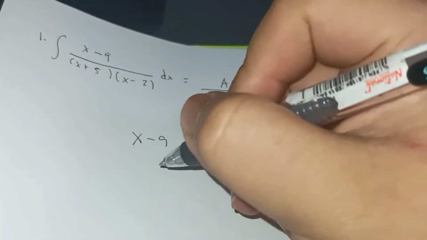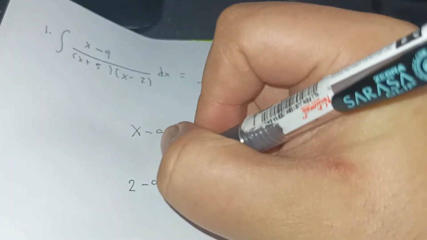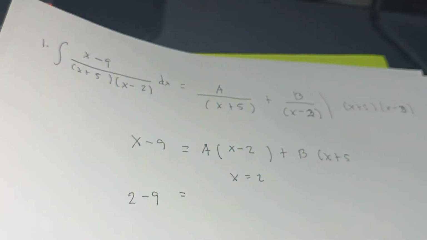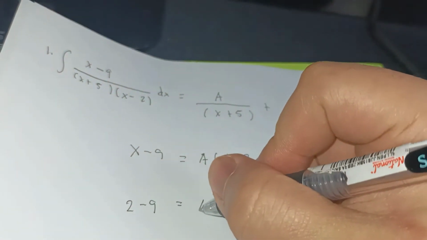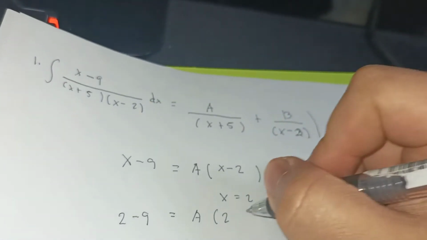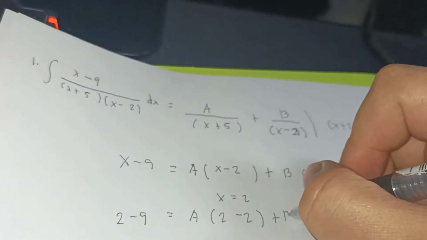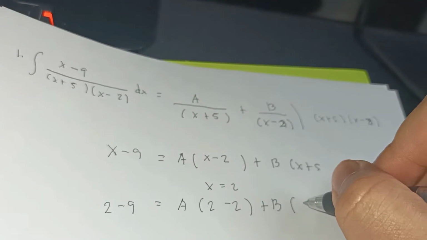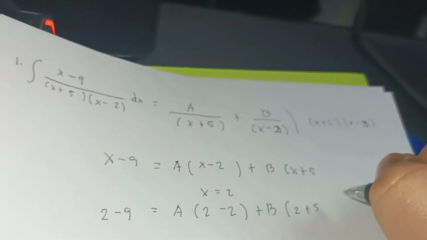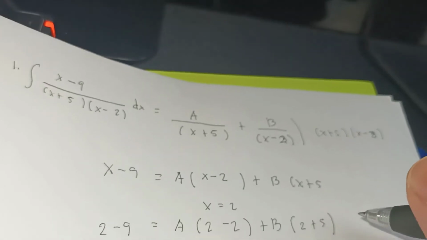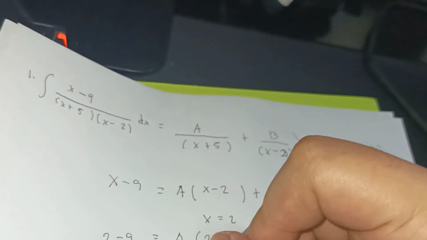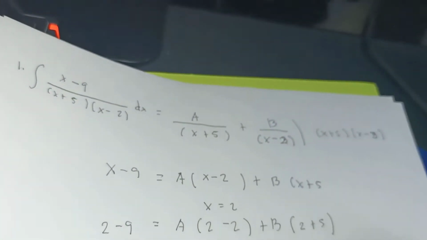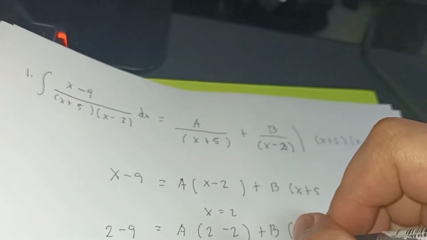And now this will be 2 minus 9 equals A times 2 minus 2, plus B times 2 plus 5, and then just continue. 2 minus 9 equals negative 7 equals A times 0, and then plus B times 7.